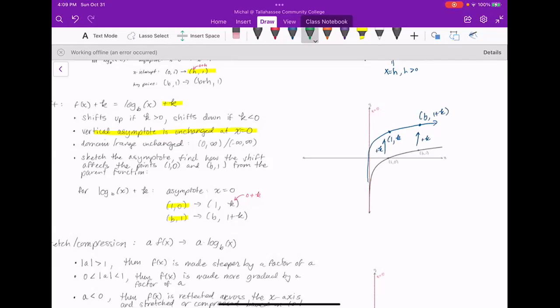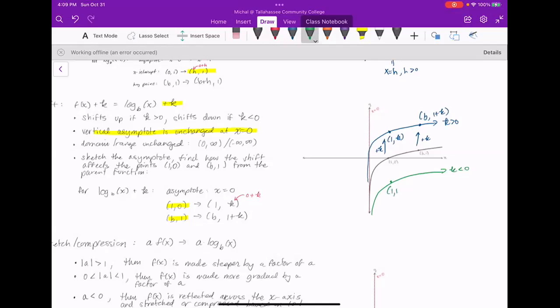And if I wanted to do a negative, like if k was less than 0, I still get this same graph. But instead of having k be greater than 0, we're going to make k less than 0. In that case, I would still get the same coordinates, but they would just be a negative number instead of a positive number.